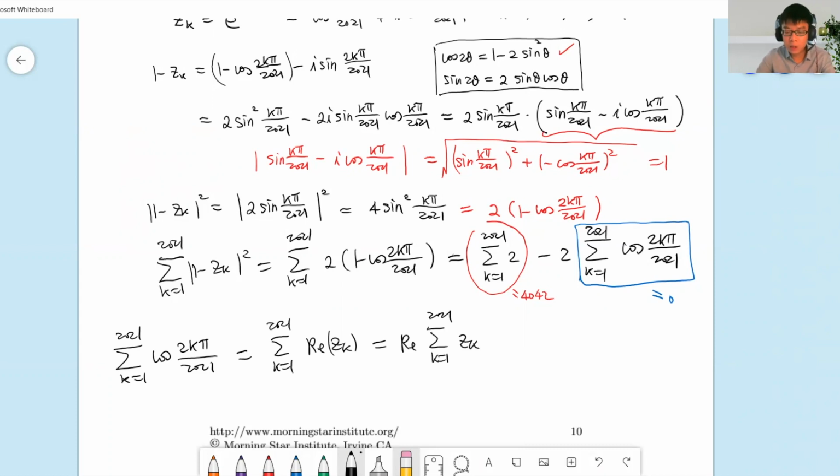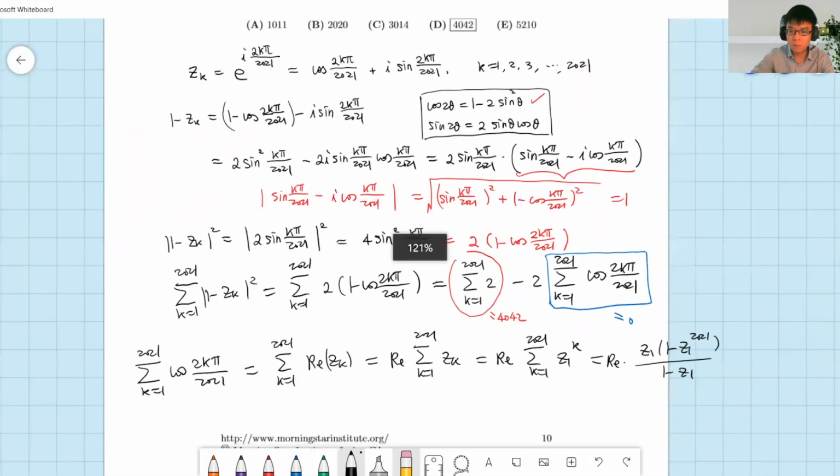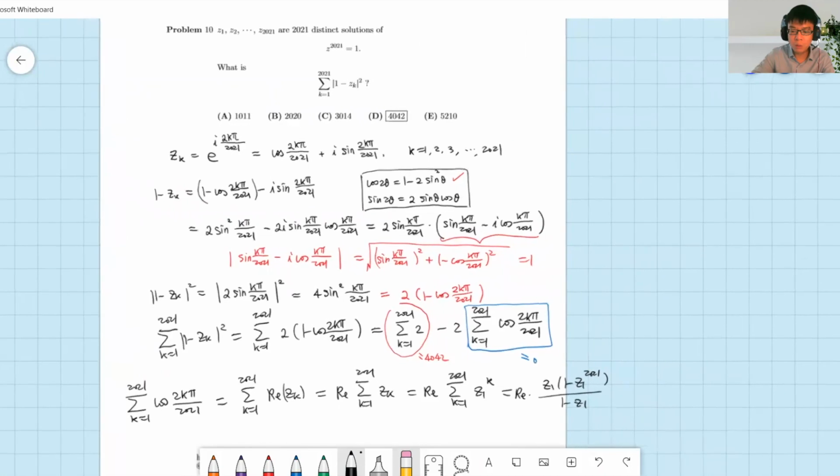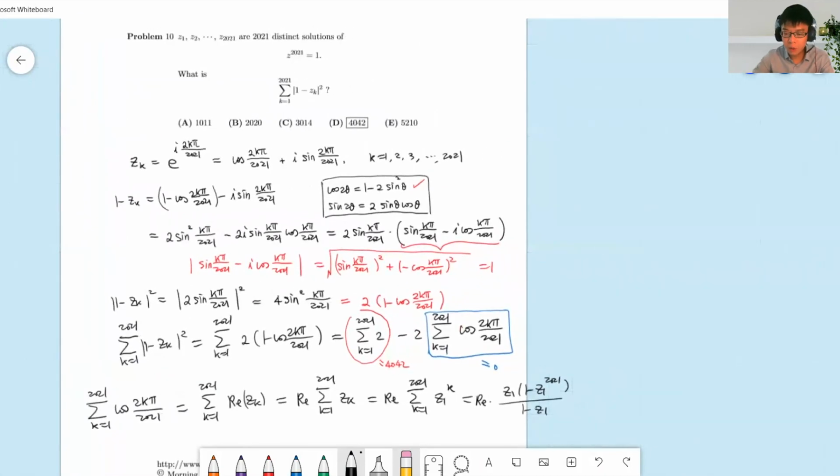And we know zk is basically z1 to the k-th power. Then we take summation. This summation is z1 times 1 minus z1 to the 2021st power over 1 minus z1. And we know z1 is a solution of z to the 2021st power equals 1. So this equals 0. And that's why the above summation of cosine equals 0. So finally, our answer is basically 4042.